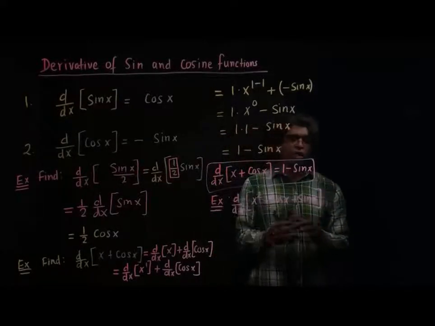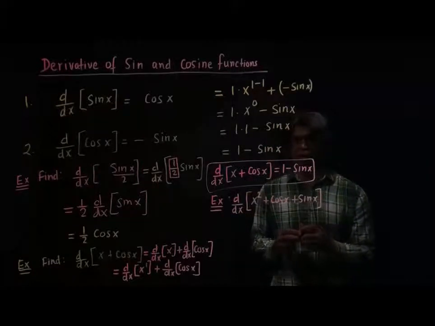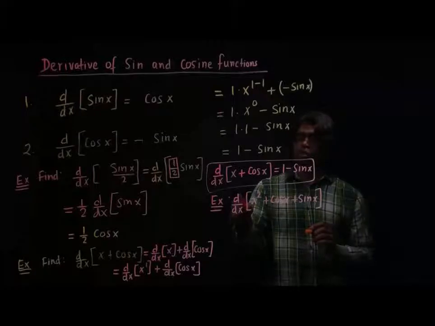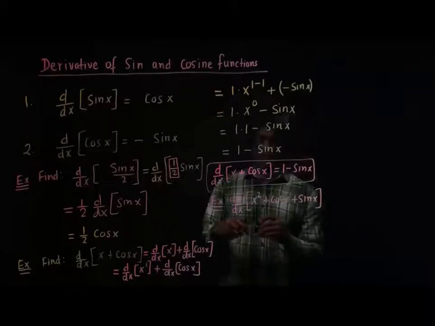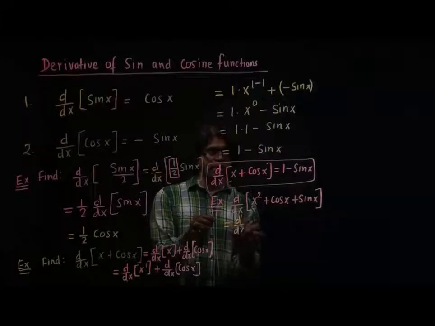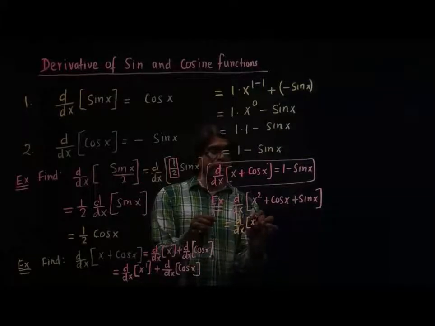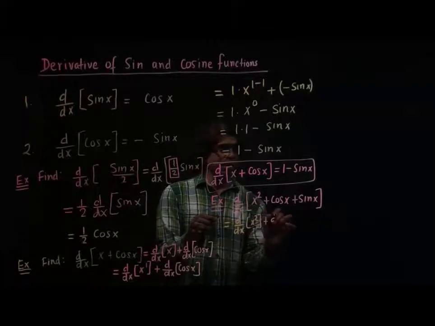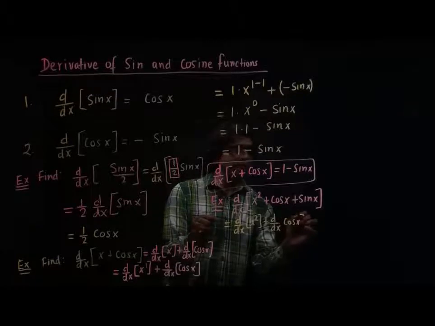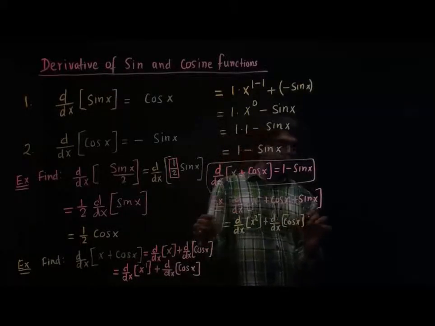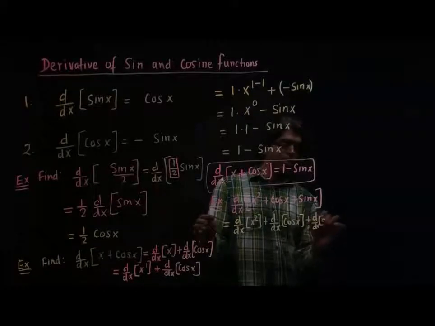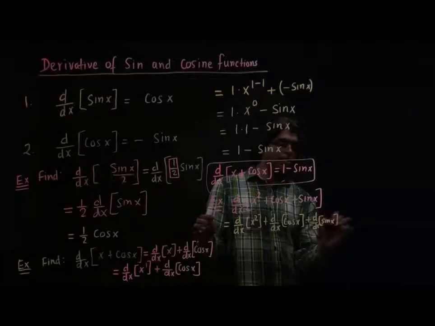In order to find the derivative of this function, I'm going to distribute d by dx inside the bracket, and I will write this is equal to d by dx of x squared plus d by dx of cosine x plus d by dx of sine x.